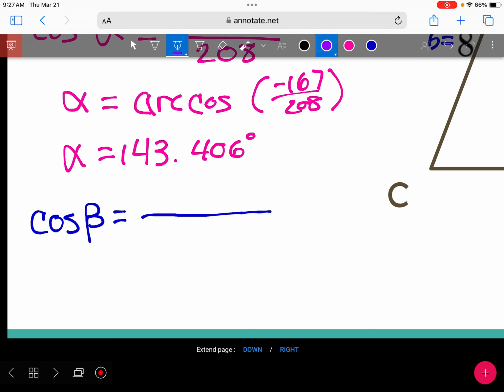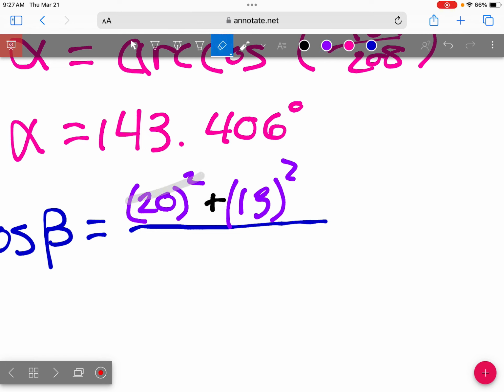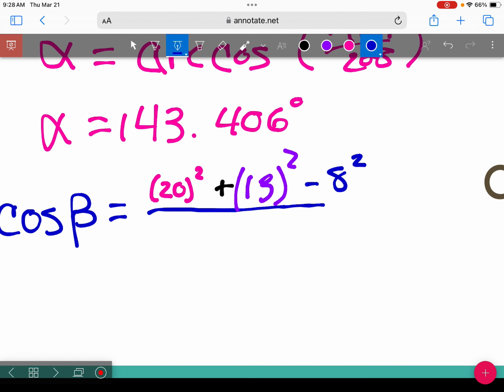We're going to put our 20 squared plus our 13 squared, sorry, that should have been pink, just switching the color. And we're going to subtract our b, 8 squared. It goes over 2 times the legs that touch it, 20 and 13.